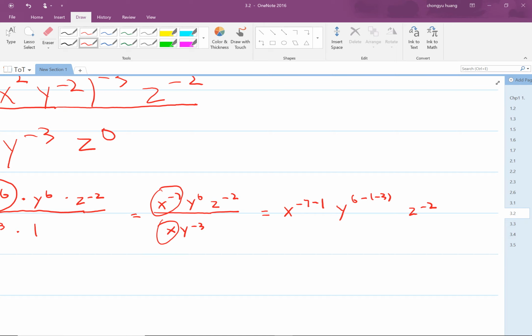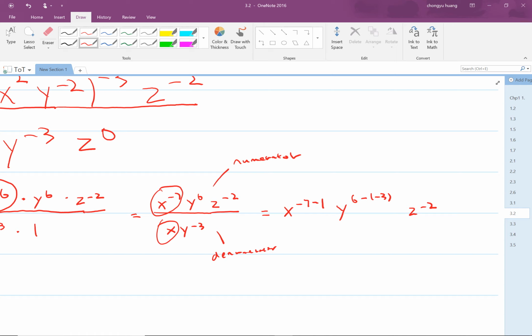Remember, the thing at the top is the numerator and the thing at the bottom is the denominator. There's no z in the denominator, so we just leave z as it is.